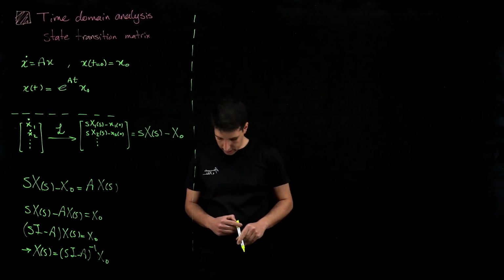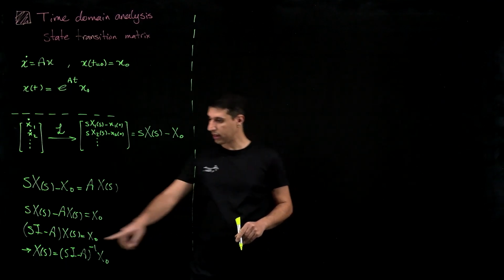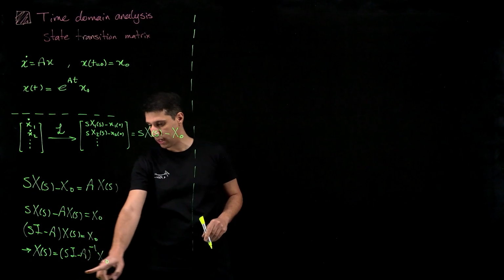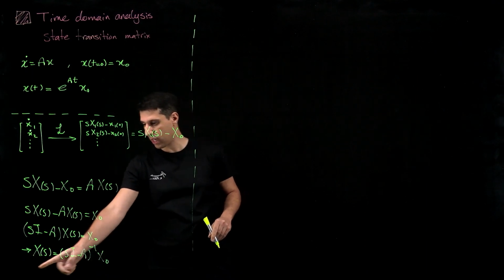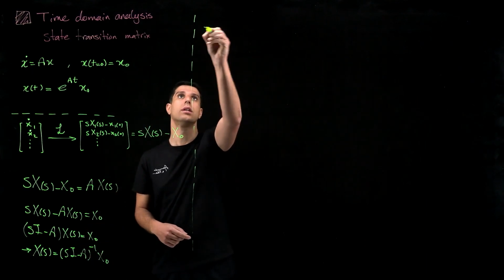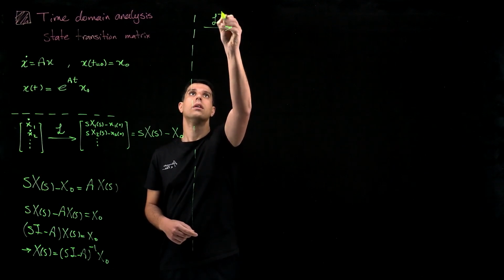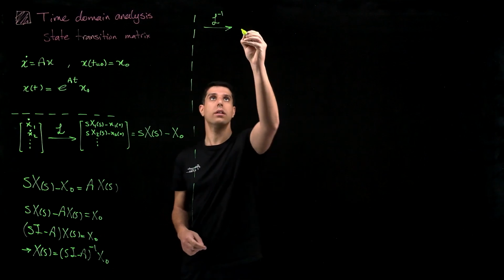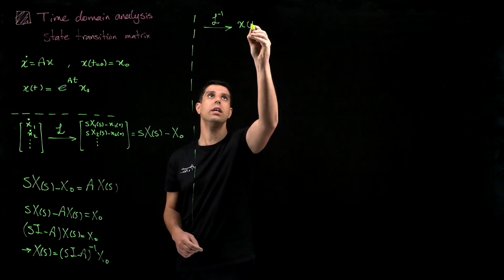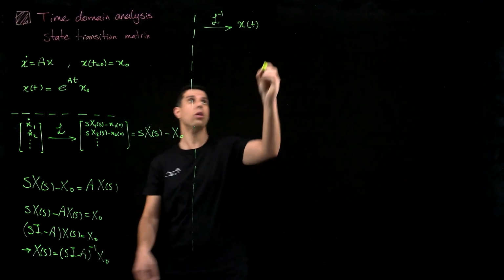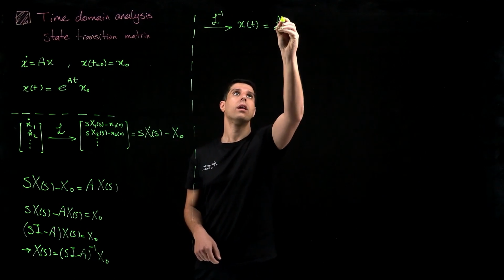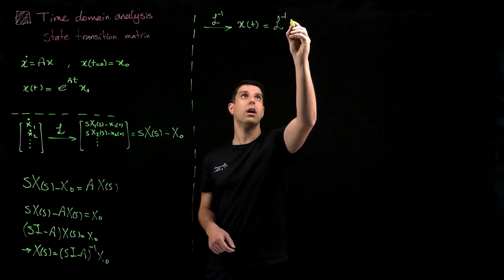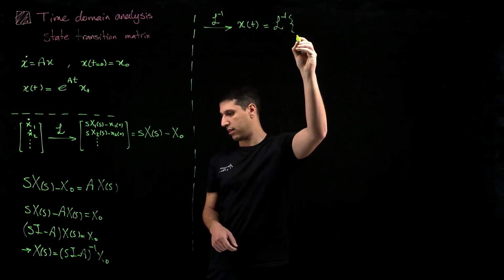And finally, I now have x of s in Laplace domain. Now take the inverse Laplace. I take the inverse Laplace of this equation. On the left hand side I have x of t equals inverse Laplace of this.